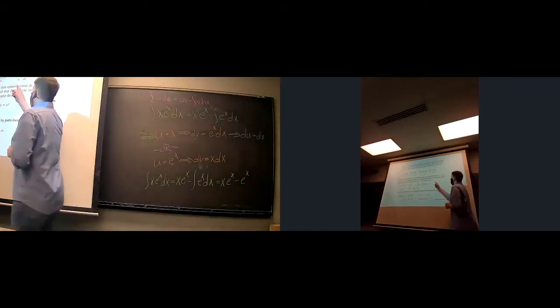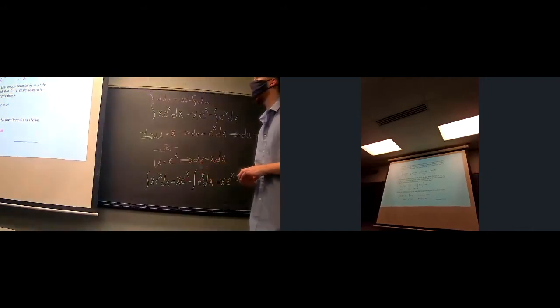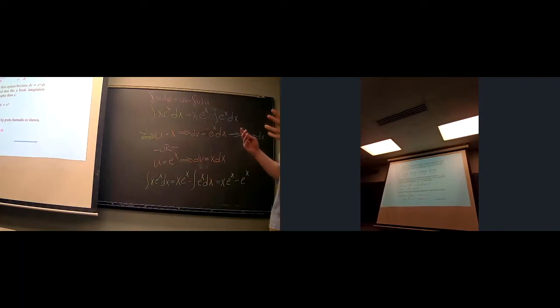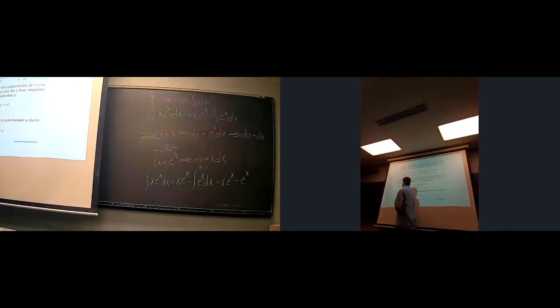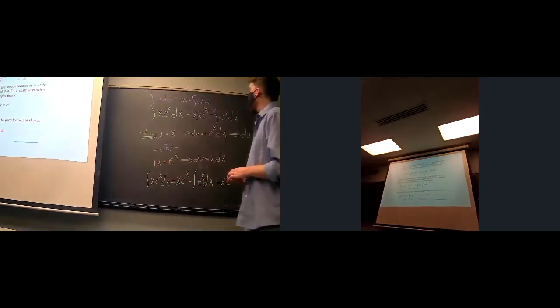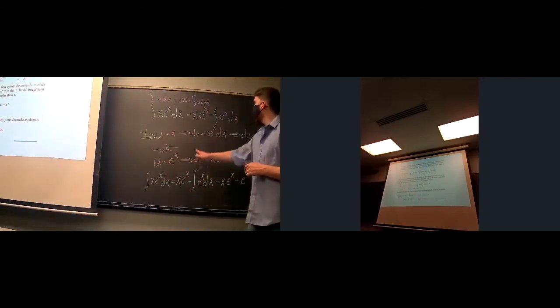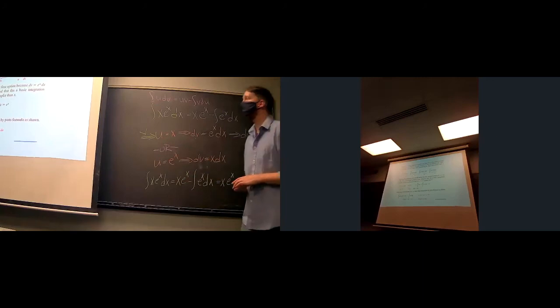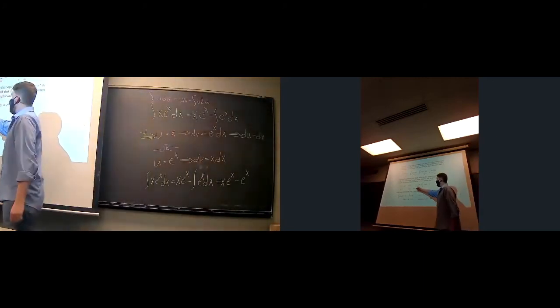And then we can also consider the possibility that u is x e^x and dv is just dx. These are all the possibilities for how we can break this up for our u's and dv's. But after considering all of these, what shakes out to be the best for us is the case where u is equal to x and dv is equal to e^x dx, which is what we're saying here.